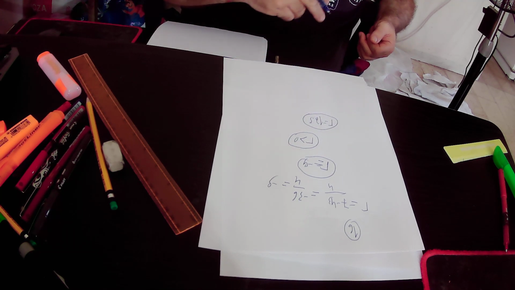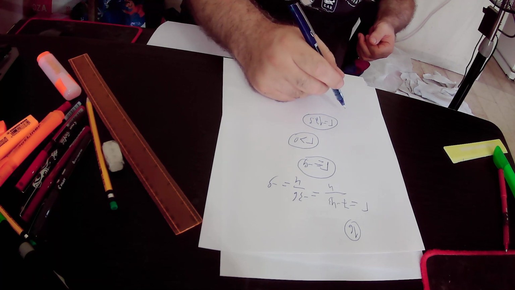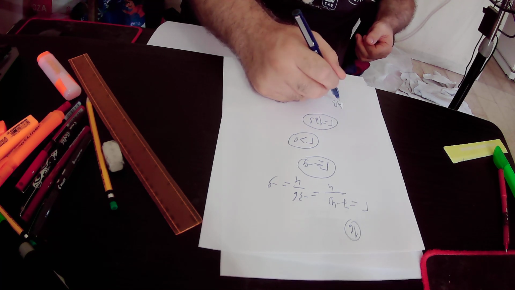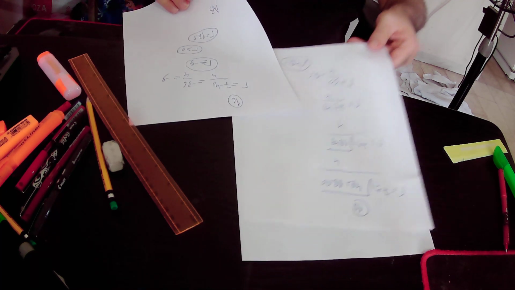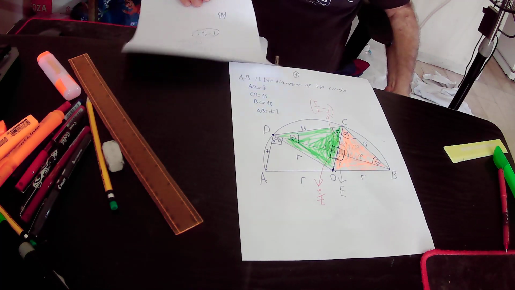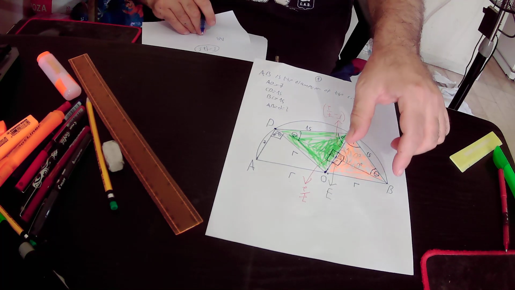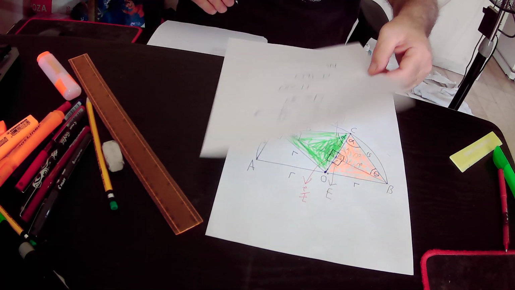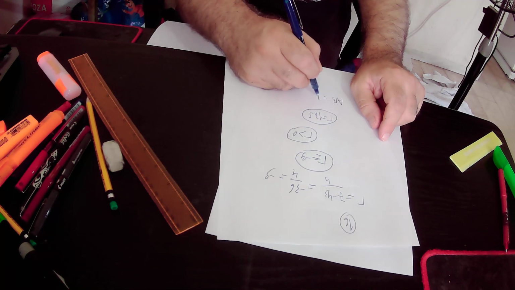So we have to find out the diameter AB. AB is actually equal to 2 times the radius. It equals to R plus R. That is to say, AB equals to 2R.